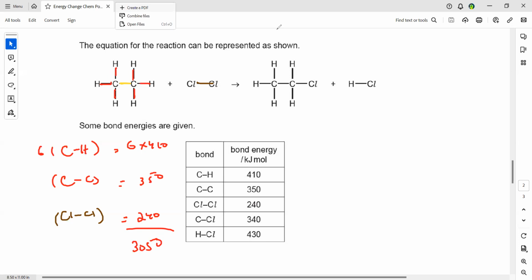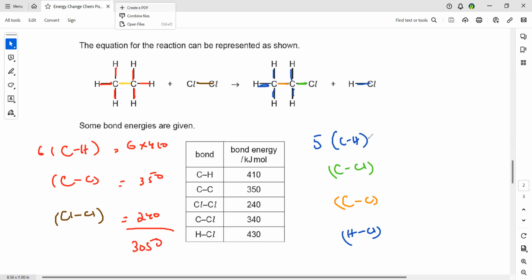Then the product side is a bond forming side. So we have one, two, three, four, 5 CH bonds. We have one carbon-chlorine bond. We have a carbon-carbon single bond. And we have a hydrogen and chlorine bond, HCl.